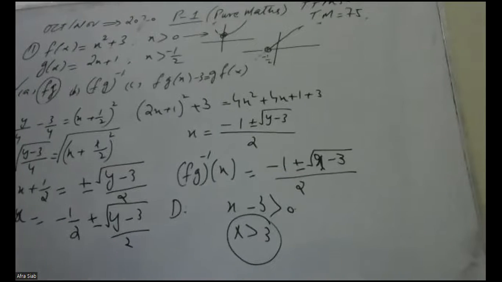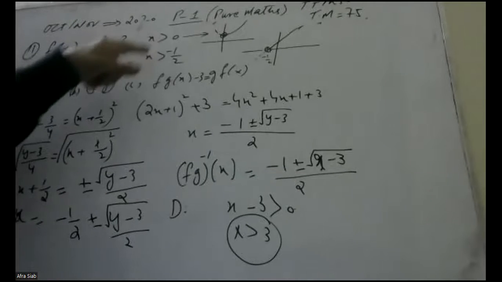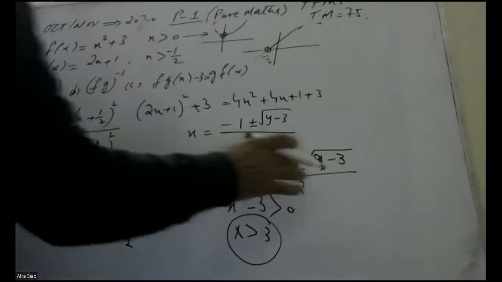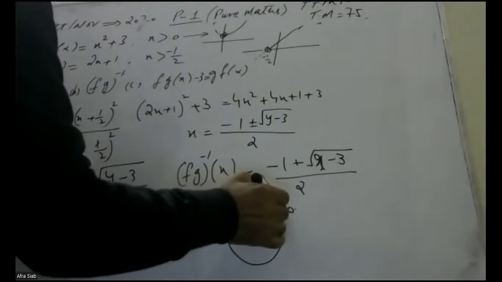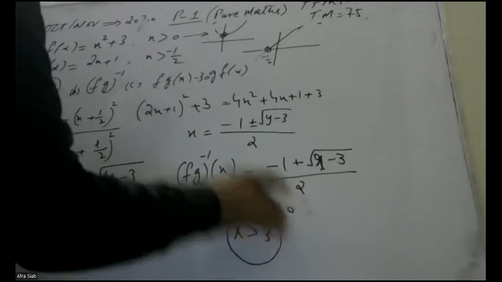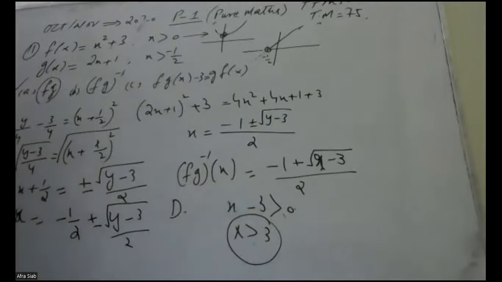Since these two are greater than 0 and greater than minus half, this minus sign will be eliminated there. So this is your inverse of that function, and this equal to sign will be removed because it is greater than 0. So x should be greater than 3 there.